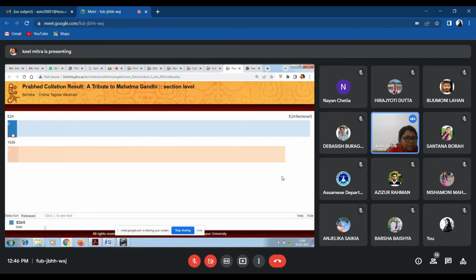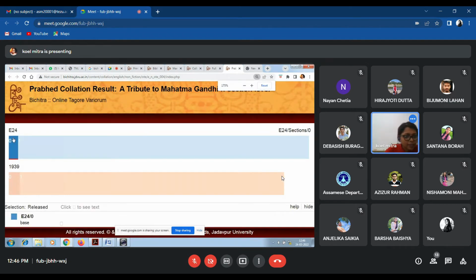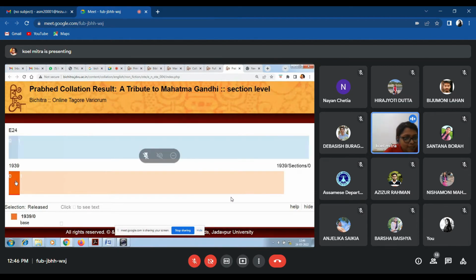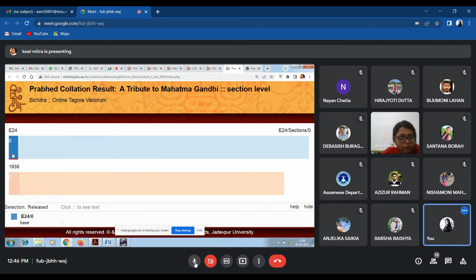Which means you will see here, can you see that? Wait. Can you see that in blue, the part that is 0 is smaller in size than in orange, the part that is titled 0? Please see very carefully. This is smaller and this is larger, which means what? 0 is, say, the introduction level.